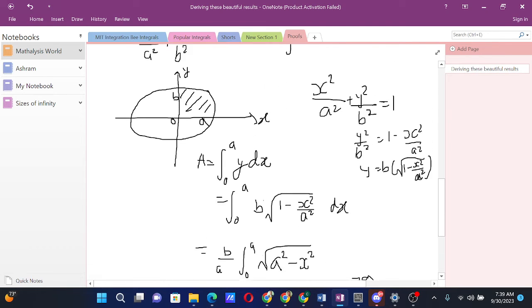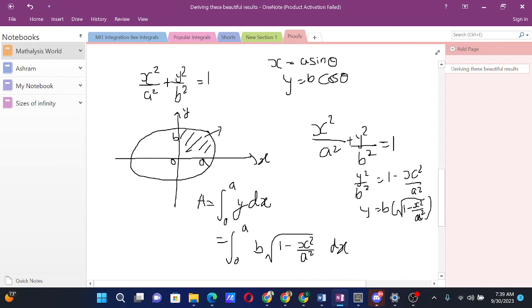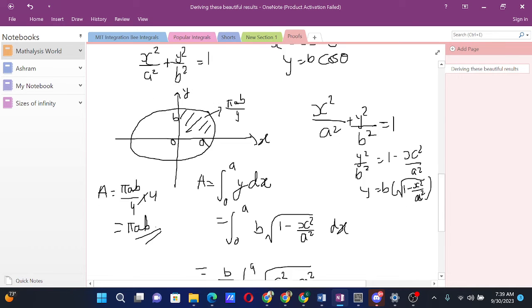So pi ab by 4 is the area of 1/4. The overall area of the ellipse will be pi ab by 4 times 4, so the area of the ellipse is pi ab. This is how we derive the formula for the area of an ellipse.